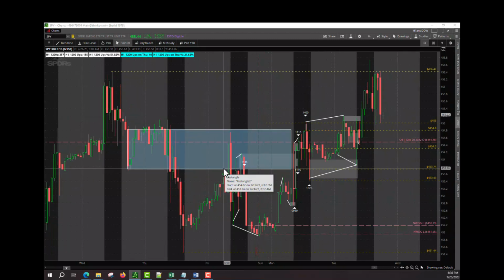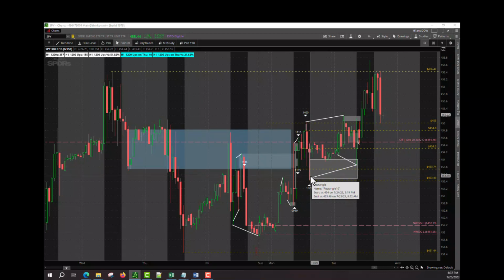And then on Monday we see that it wants to break the range to the upside, and then it put back right there. So Monday is the day that so-called reversed the downtrend.